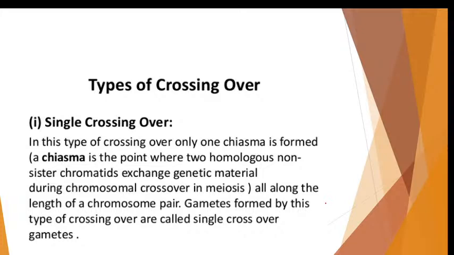Single crossing over. If the chiasma formation is only at a single point of the 2 homologous chromosomes, that is called a single crossing over.